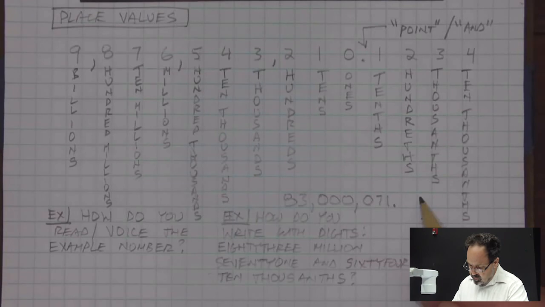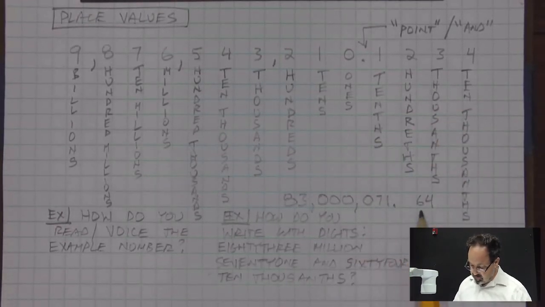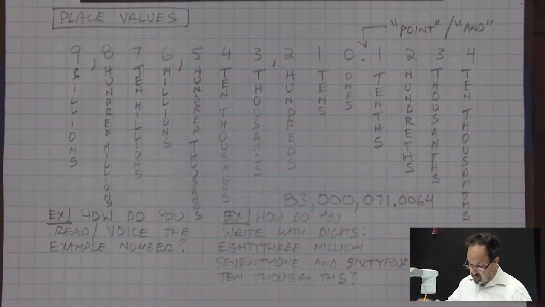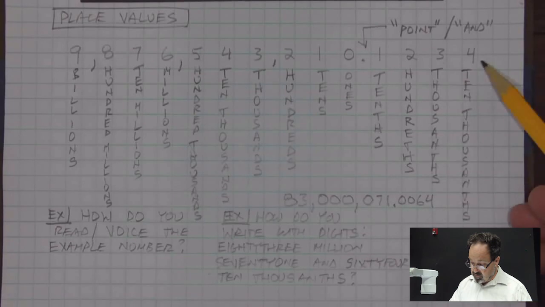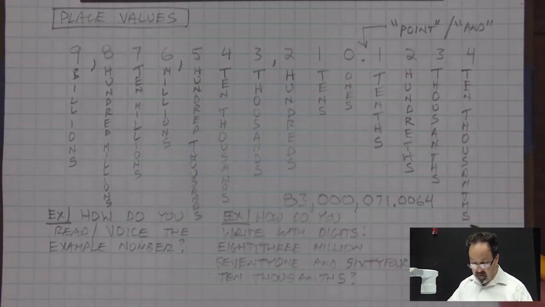I know that the number is going to have a 64 in it, but if I just write a 64 after the decimal place, then this is going to be 64 hundredths. And they need to be ten-thousandths. So I need to include 2 zeros so that the 64 ends up being a 6 and a 4, and it ends up being this last place, the ten-thousandths that I must represent.